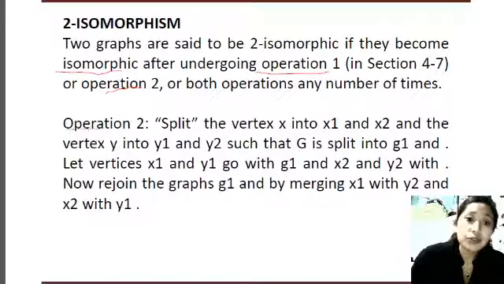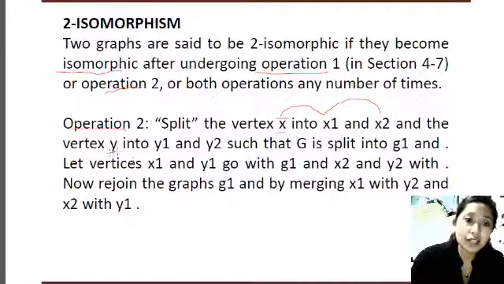Now operation 2 talks about vertices which are not cut vertices. Even if your graph is not a separable graph, that is, it does not have any cut vertex, you can still divide the graph by creating duplicate copies of vertices. Let us see, if I have a vertex x, you can divide it into x1 and x2.